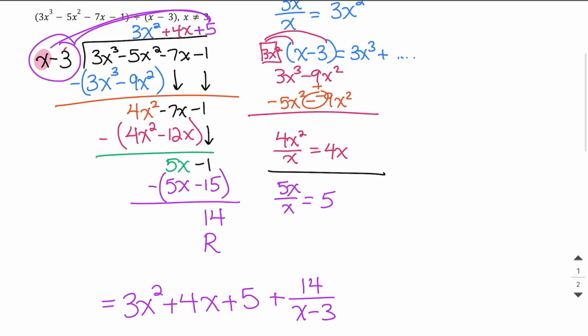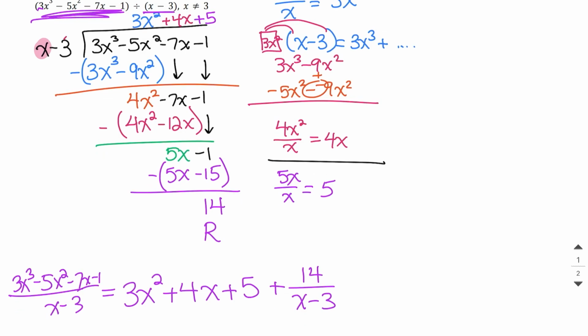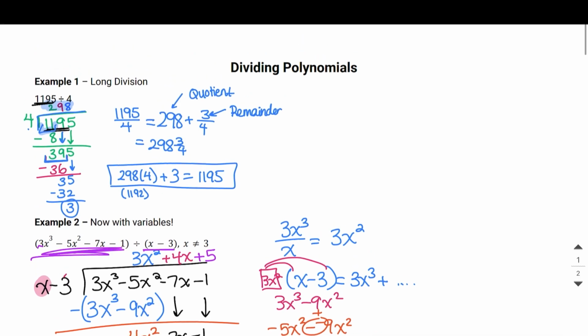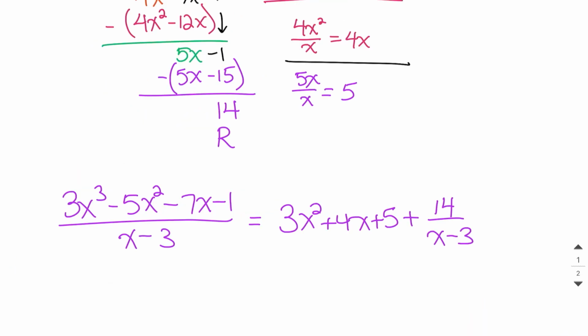Because again, what we're doing here is we're taking this entire expression and dividing it by x minus 3. So that means that x minus 3 is going to be the denominator of my remainder, just like up here when we divided by 4 and we had a remainder of 3, it was 3 out of 4.